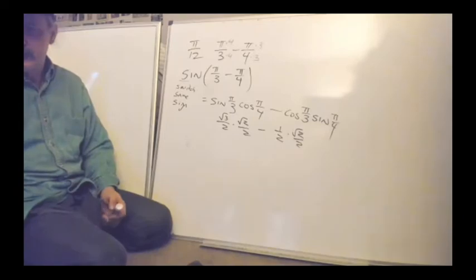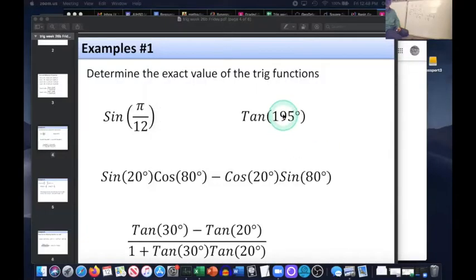Okay, now when we do the tangent, figuring out how to get 195 into two angles that we know, sometimes it's a little easier, sometimes it might be a little bit of a struggle. But basically, if you want to figure out what to add to be 195, what I would do is subtract one of the ones that we know.